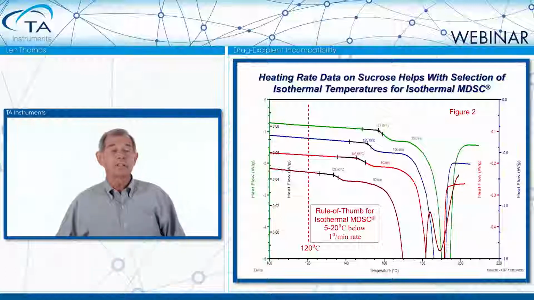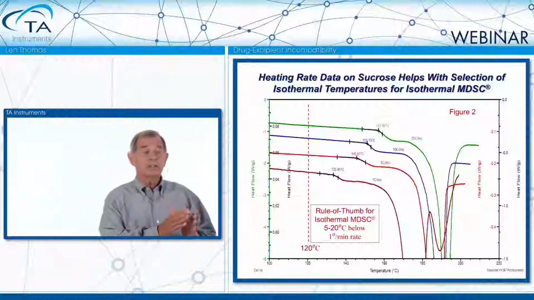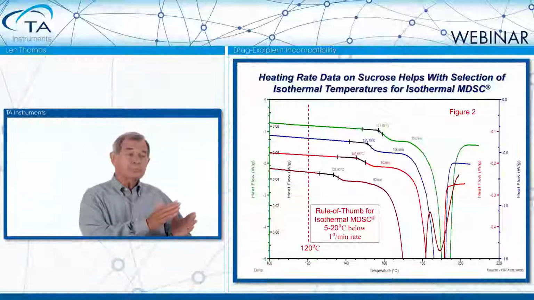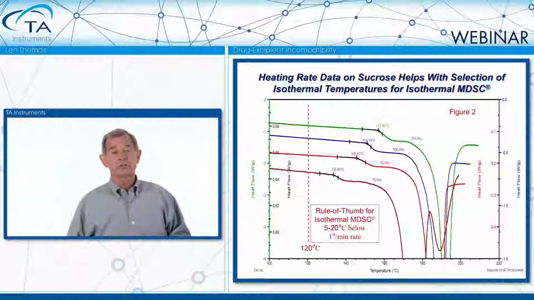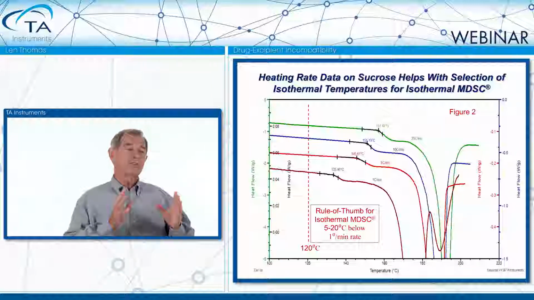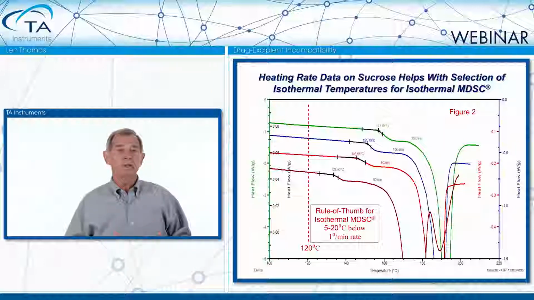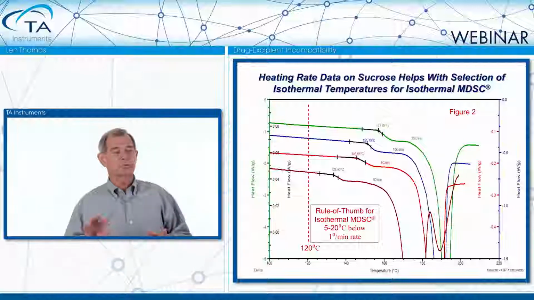The blue curve was done at 10 degrees per minute, the red one at 5, and the maroon one was done at 1. So what you clearly see is that the higher the heating rate, the higher the temperature of these transitions. And that's because the loss of crystalline structure here is being caused by hydrolysis, which I'll briefly mention in the next slide.